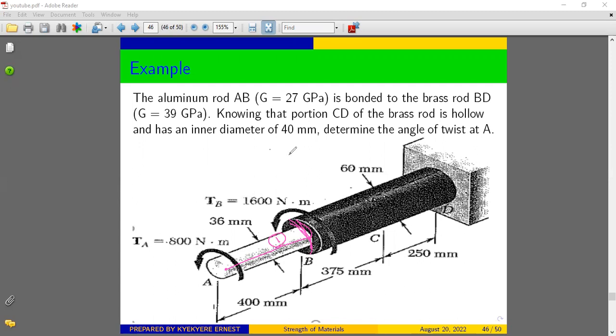And then we are told that the portion CD of the brass rod is hollow. So the portion C to D is hollow, which means that this side is not hollow.